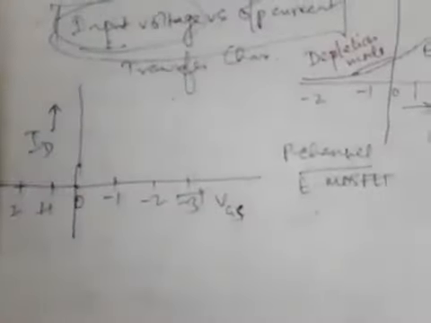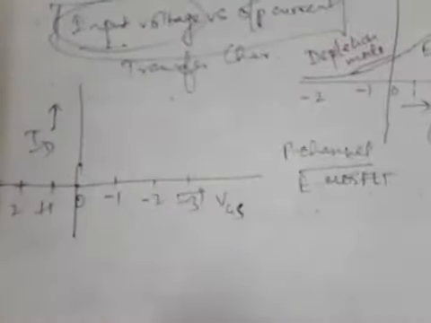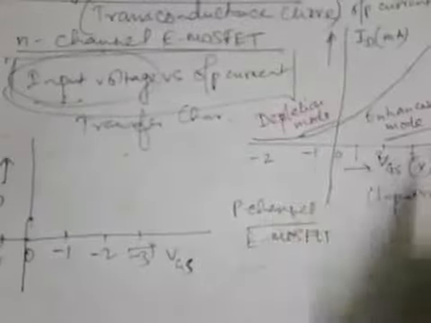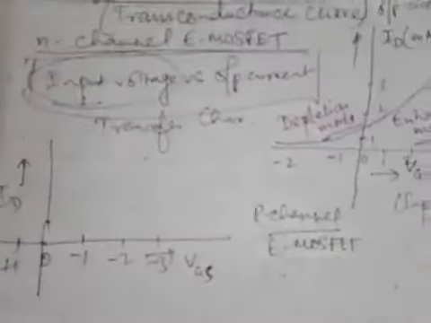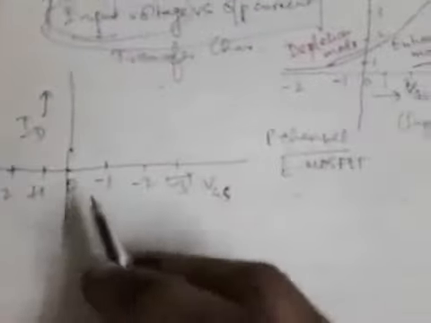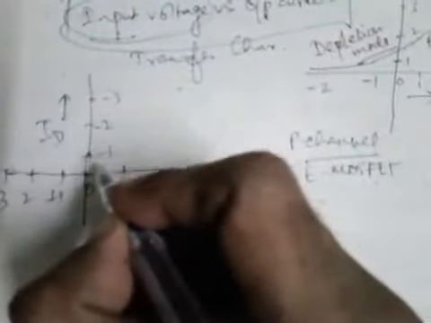So just the opposite of N channel case, and the characteristic will look like, and obviously in the previous case for N channel, all the current values were 1, 2, 3, something all with positive values, but here the ID should come as -1, -2, -3, that means all with negative values.